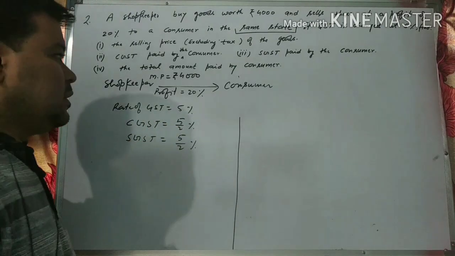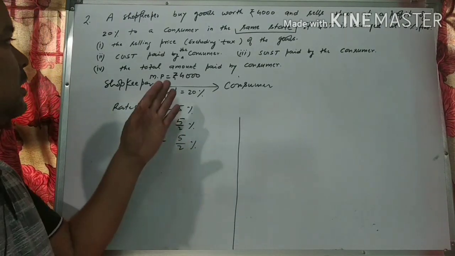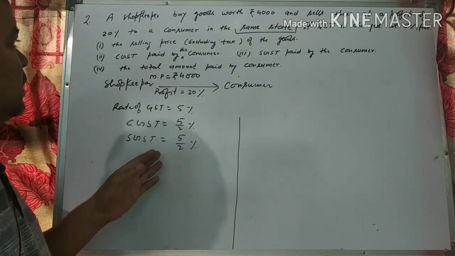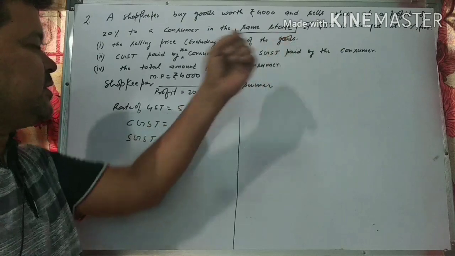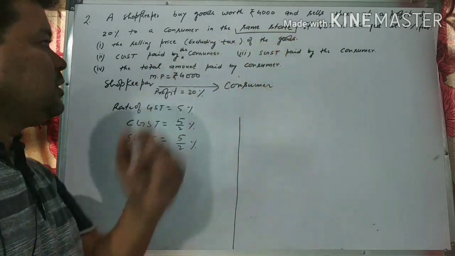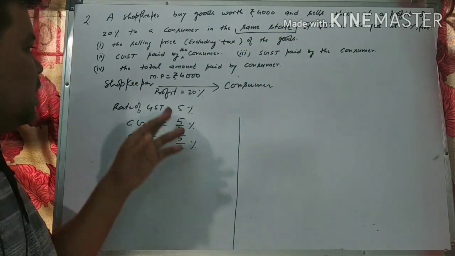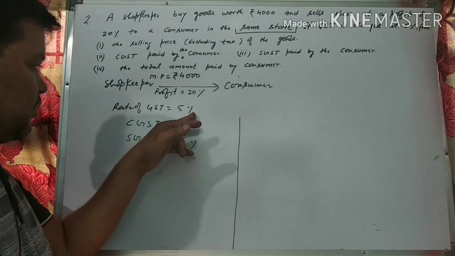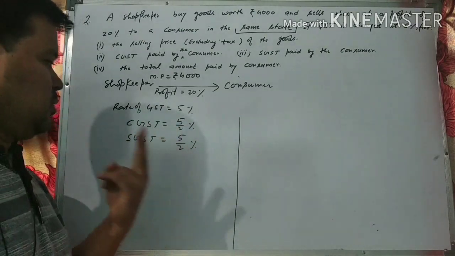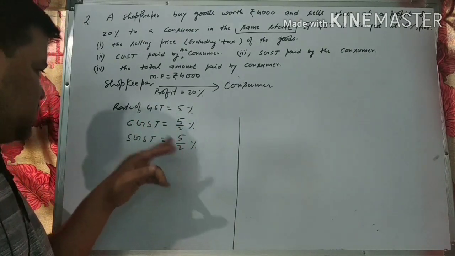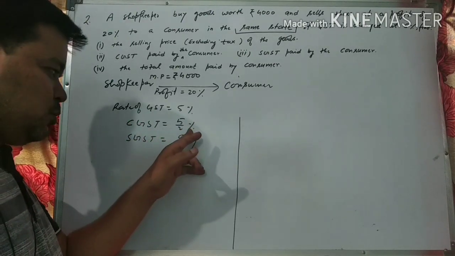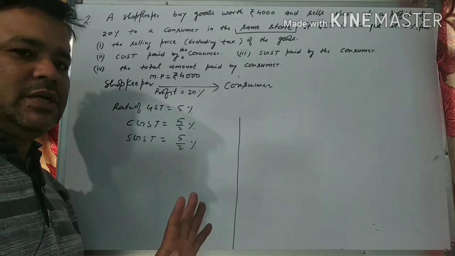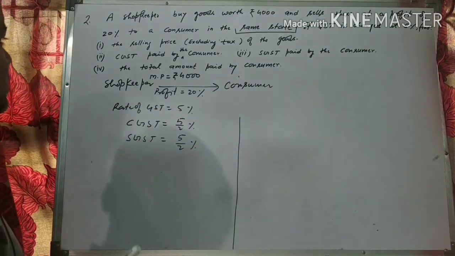Remember, this is the condition of the same state. In the case of the same state, the rate of GST will be divided in two equal parts, CGST and SGST, 5/2% and 5/2%.